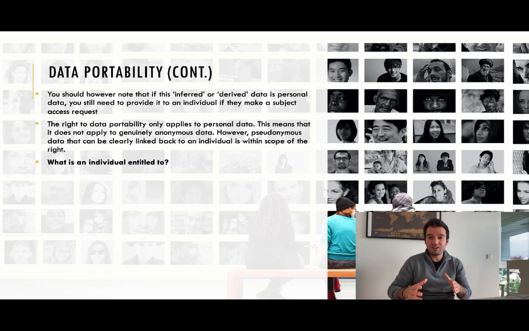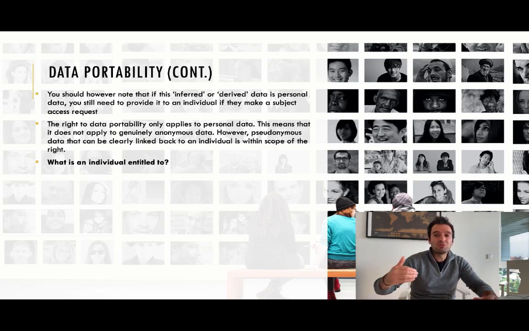You can achieve this by either directly transmitting the requested data to the individual or providing access to an automated tool that allows the individual to extract the requested data themselves.